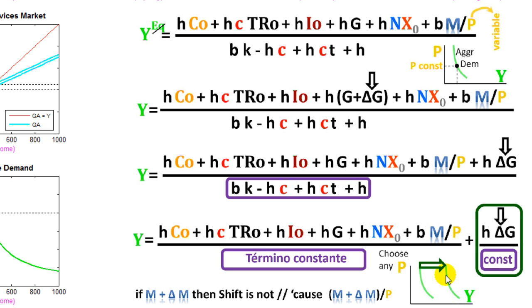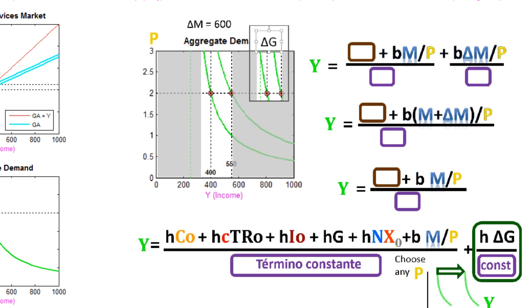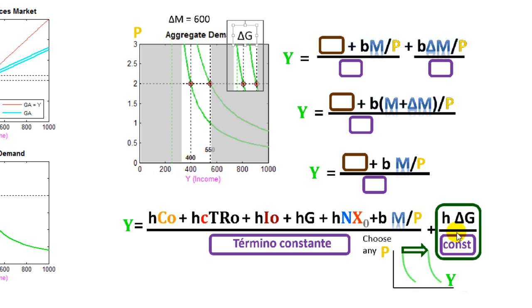So let's see this in a little bit more detail. When you use fiscal policy, you increase government expenditure, this term is constant, so you have a parallel shift. But if you use monetary policy, you go from this expression to this expression. Instead of M, you have M plus this.